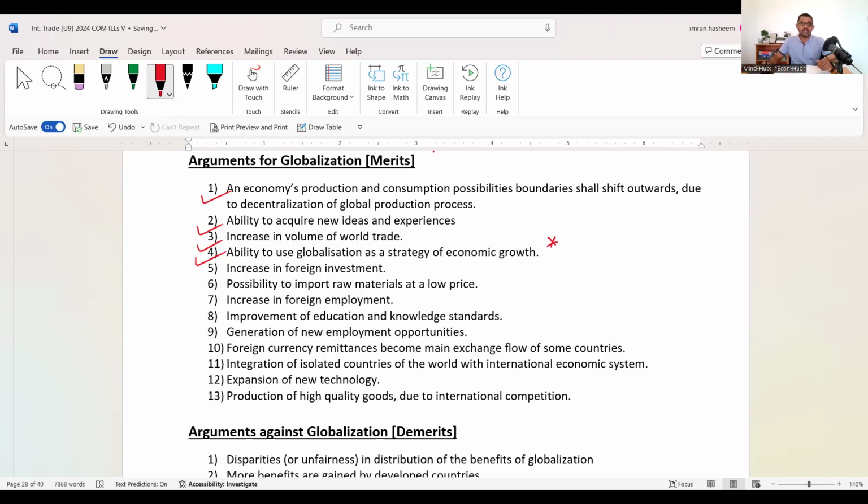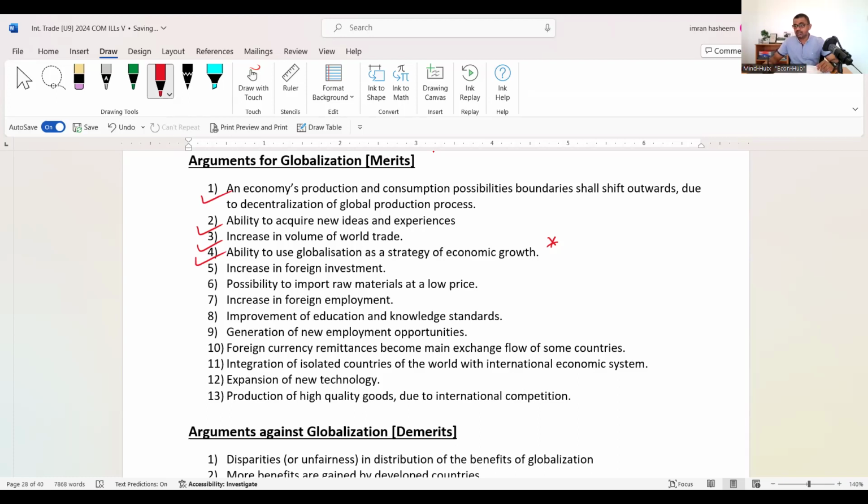On the other hand, there are enough countries in the world who have shown with their example that yes, international trade, globalization can be a quick way to achieve economic growth and development. South Korea is a good example for that. Countries like Malaysia, Singapore, Taiwan, and Vietnam to a certain extent are good examples for this.